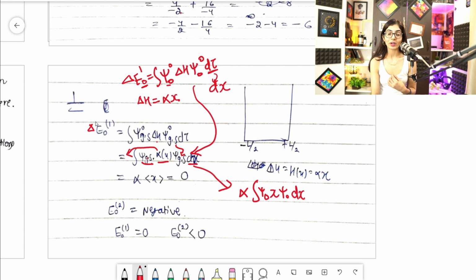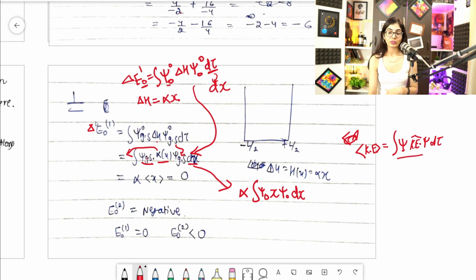And you know what it becomes. If you have to write the average value of A, suppose, take anything, A, B, C, D, I'm just telling you anything. Suppose you have to write the average value of kinetic energy. You'll always write like this, psi, and this kinetic energy operator, and then psi and d tau. Clear?